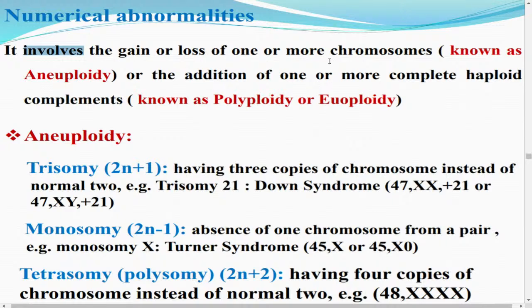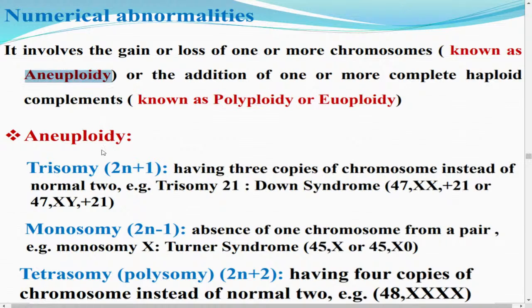So a loss of one chromosome is aneuploidy. Addition of one or more haploid complements is polyploidy or euploidy. So we have aneuploidy and polyploidy.